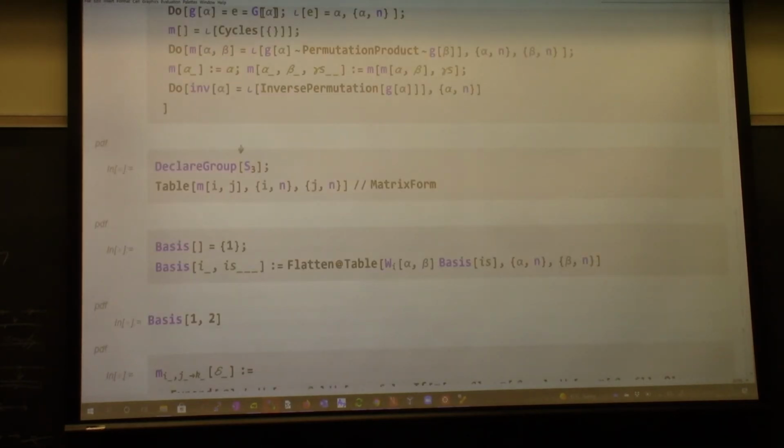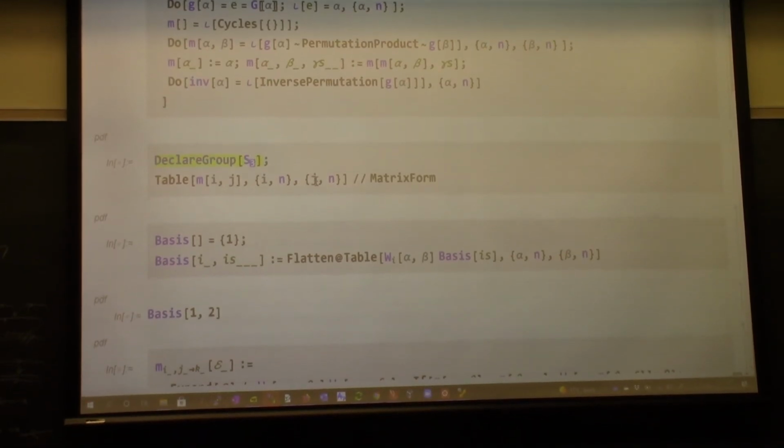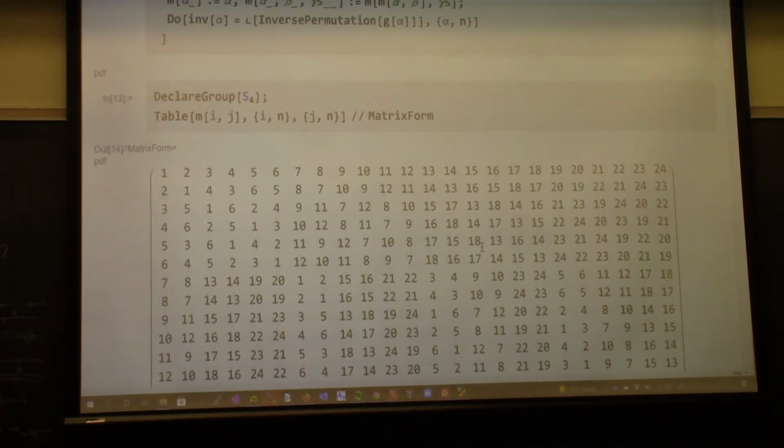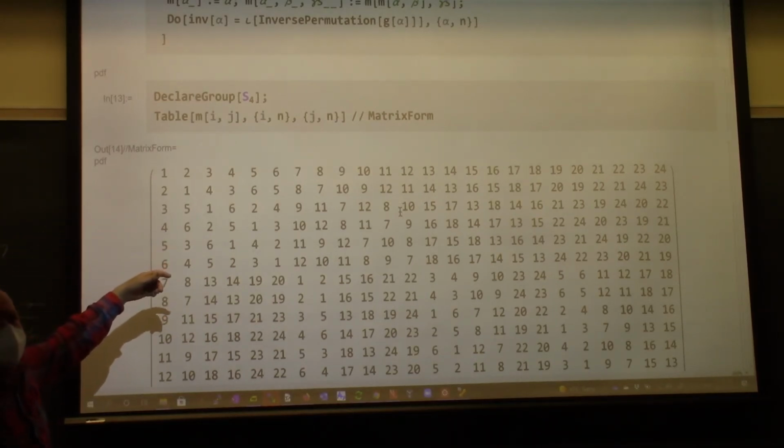Then I declare the group to be S3, but equally well I could have declared it to be S4, say. And then I execute this. And then I also produce the multiplication table just to see what it is.